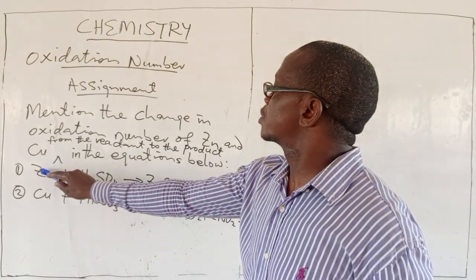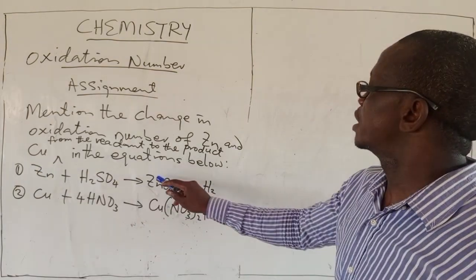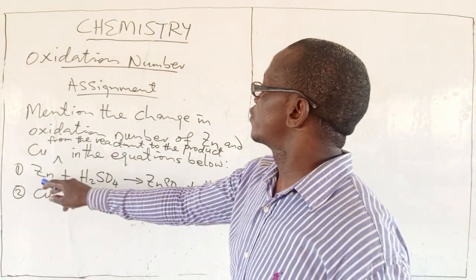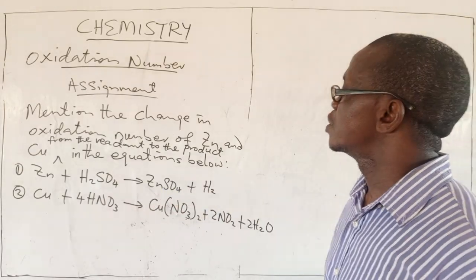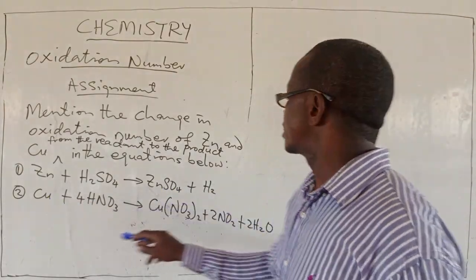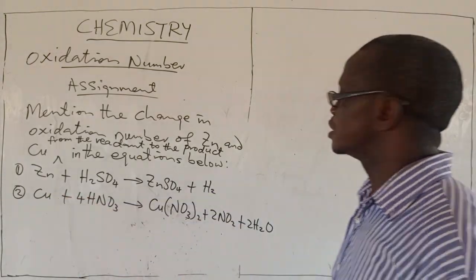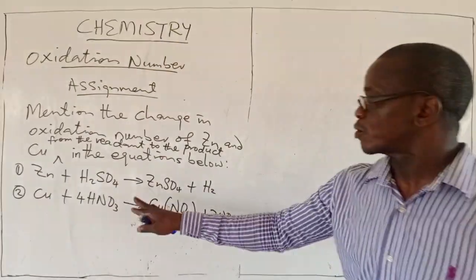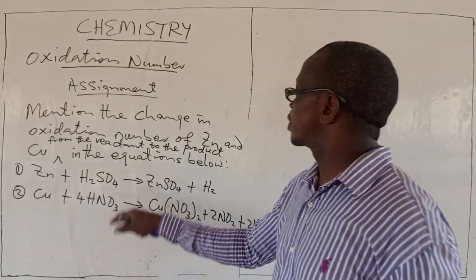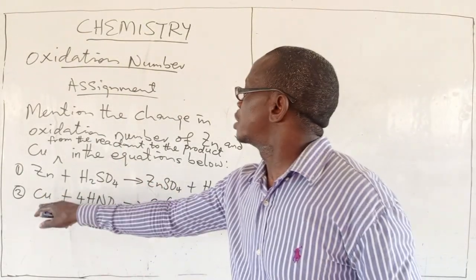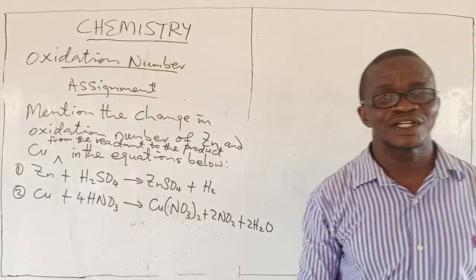If it has oxidation number of 1 and here is 5, just tell me for zinc 1 to 5. If this is 10 and this is 20, you say for copper 10 to 20. Simple. Just calculate them the way we did in the previous examples. Give me the oxidation number of here, and that of this one, that of this one, and that of this one. That's what I need from you.